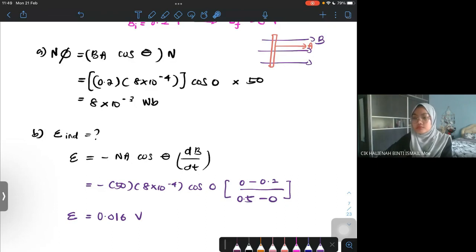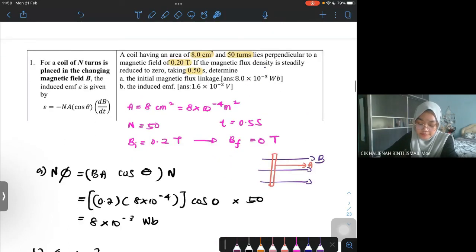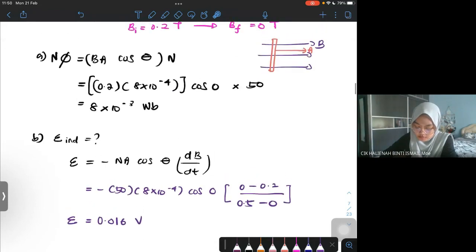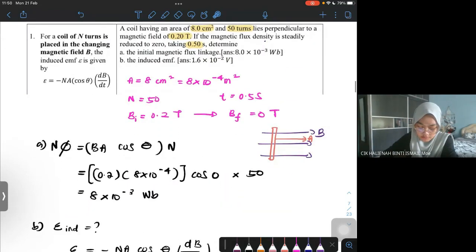Got it, Miss. Okay, if you get a negative, you can just ignore that negative because it asks for magnitude only. If you get negative, you can put the negative sign too, it's fine, because in the end the question only asks for magnitude. So for this question, this is when there is a change in the magnetic field.